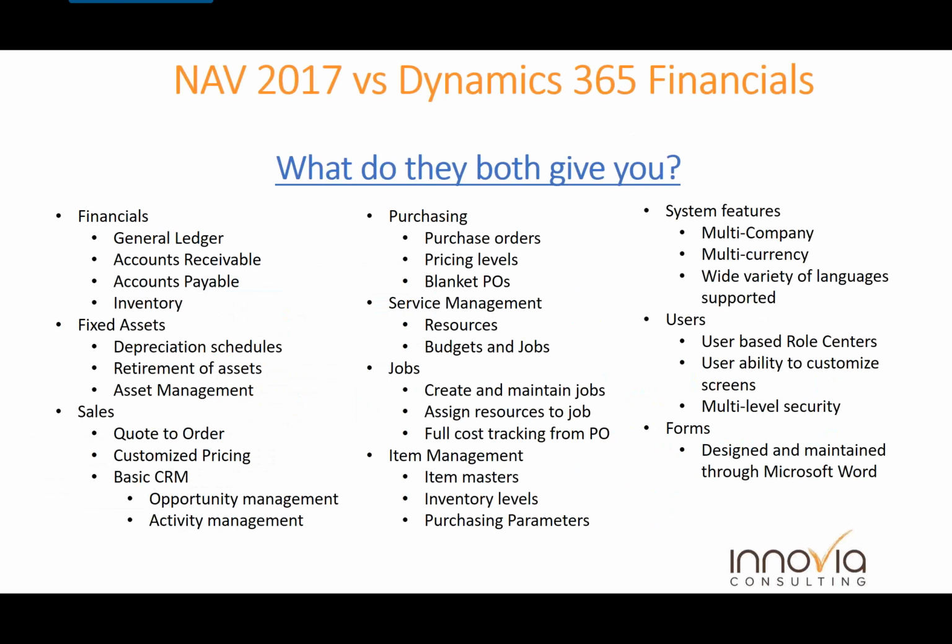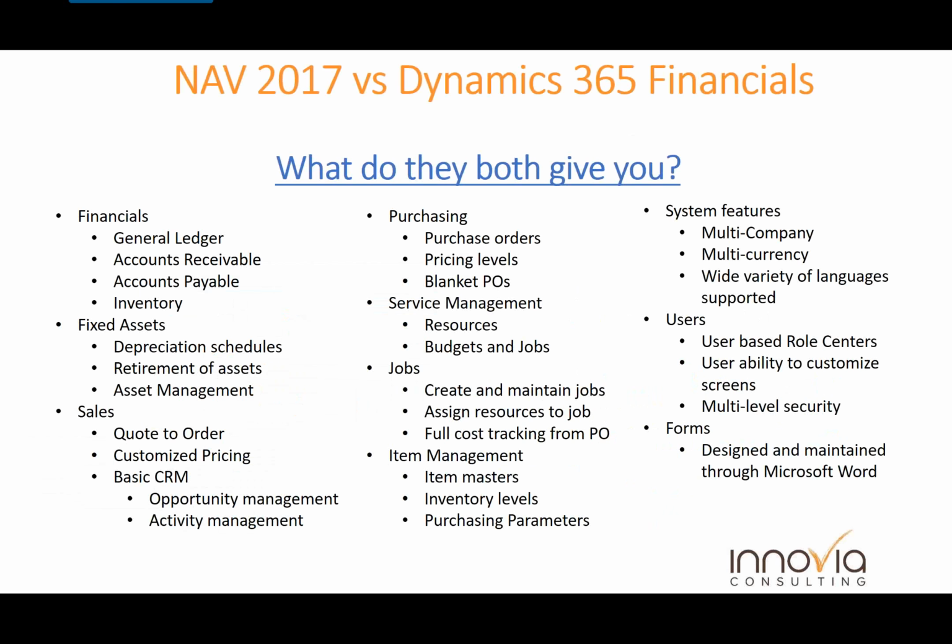So what do you get from both of them? Well, this is just a high-level snapshot. If you really dug into it, you get almost everything you need in Dynamics 365 in comparison to NAV. There's a couple of areas that we'll talk about here in a little bit, but basically, if we read through this slide, on the financial side, obviously I have GL, AR, AP, inventory control, account schedules, my standard trial balances, and the ability to push any of that out to Excel.